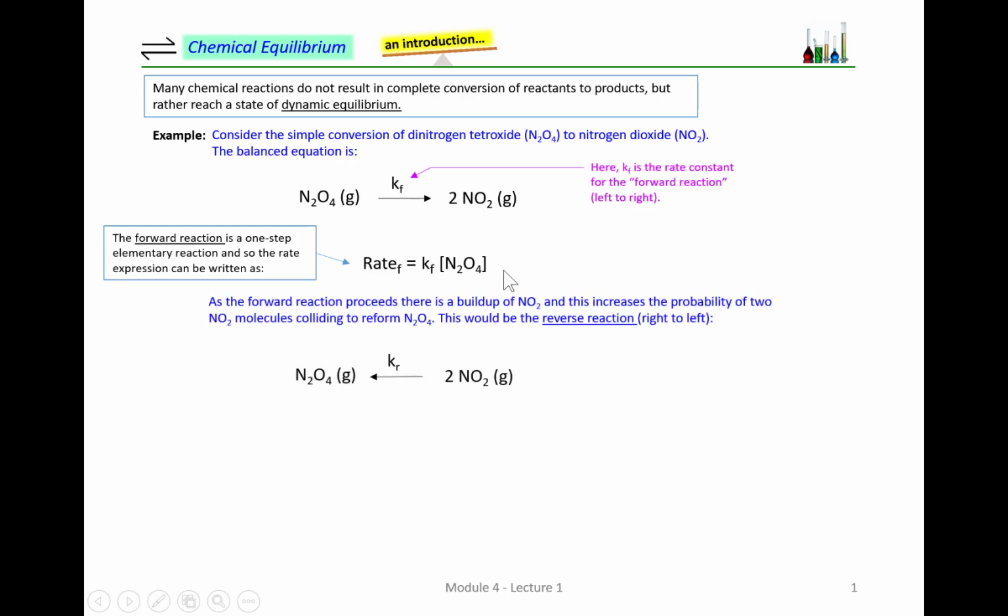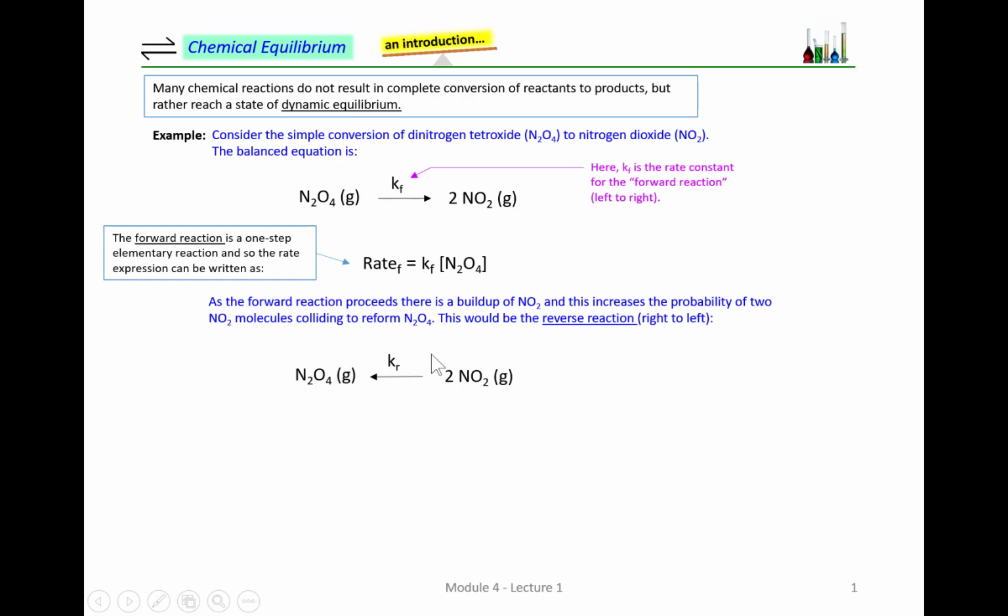Now as the forward reaction proceeds, there's a buildup of NO2 in the reaction vessel, and this increases the probability of two NO2 molecules colliding to reform N2O4. This would be the reverse reaction of the one above, going from right to left.